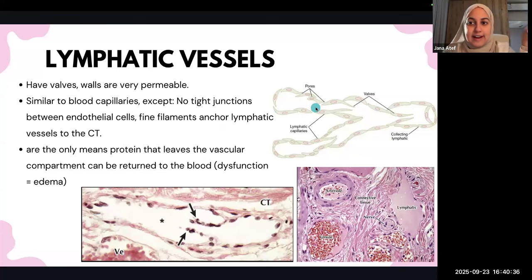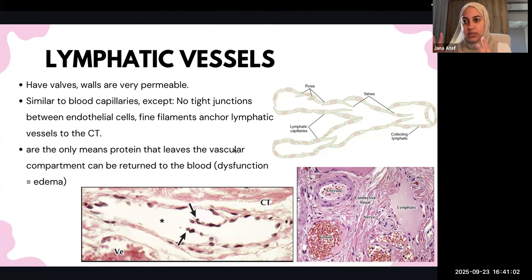Now, one important fact about lymphatic vessels is that they are the only means by which protein can leave the vascular compartment and return back to it. This is what edema is, by the way. Proteins draw fluid: the more proteins in a vessel, the more water passes to it.